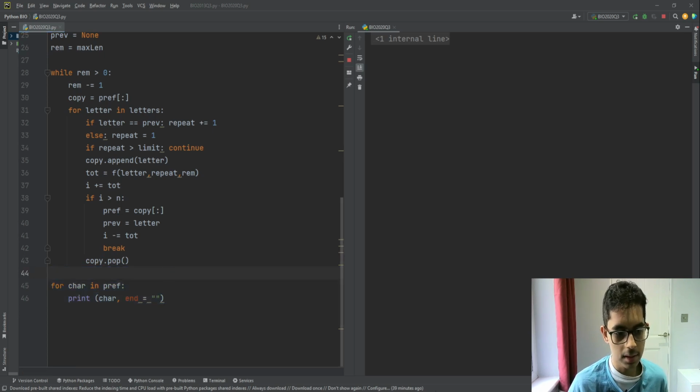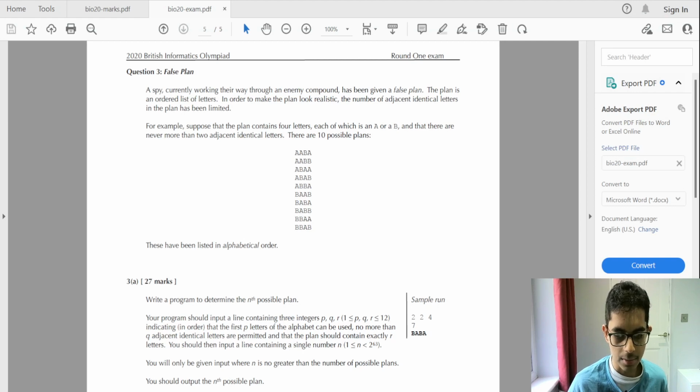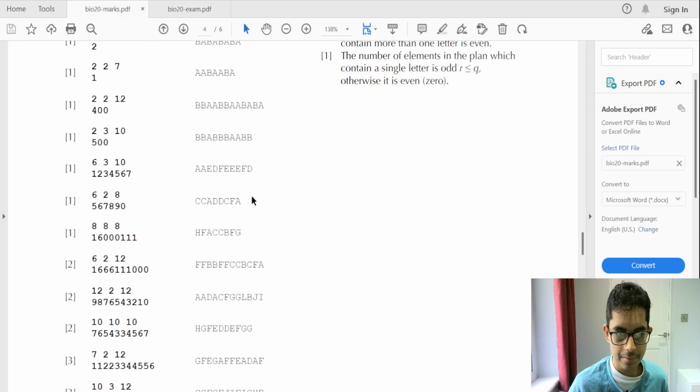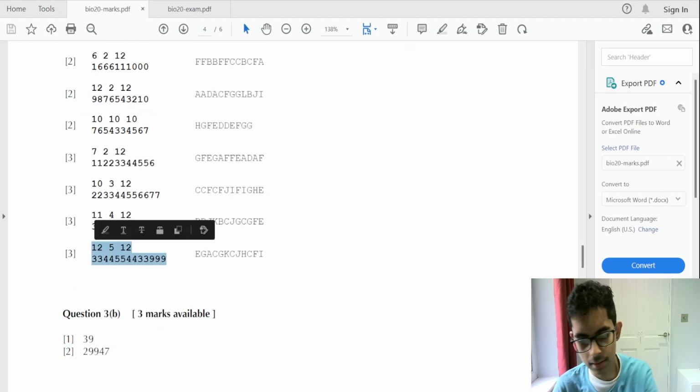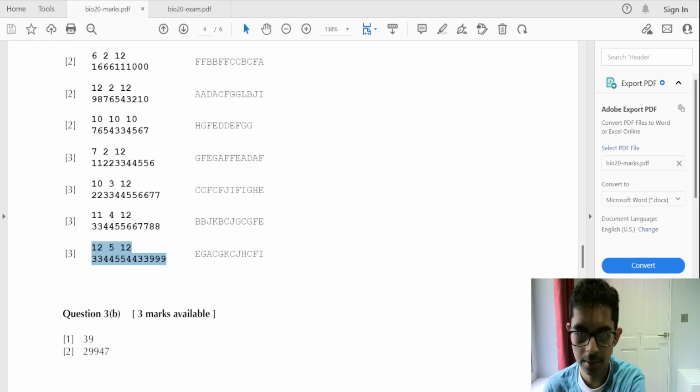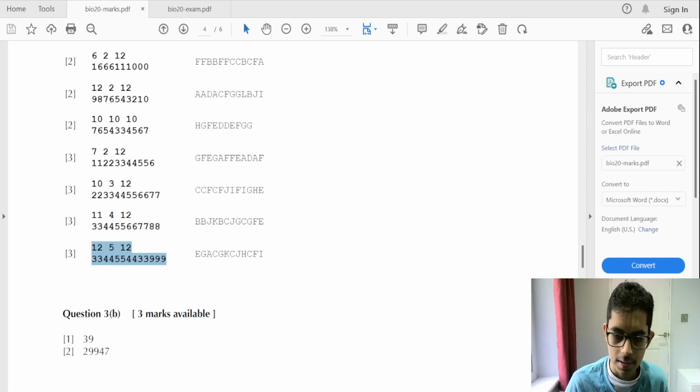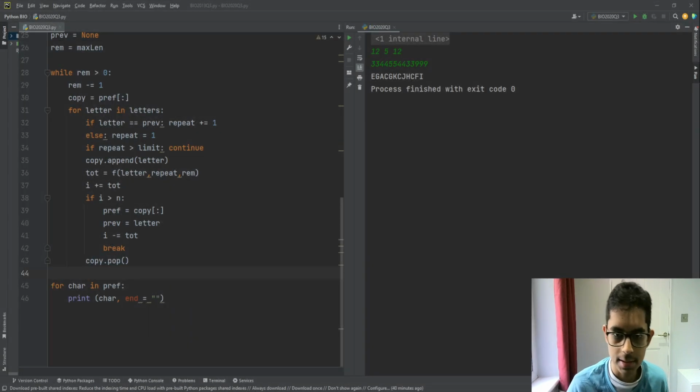So now let's have a look at whether our code works against the mark scheme. Maybe let's just give it the final test case. And let's go back to the program. It indeed works.